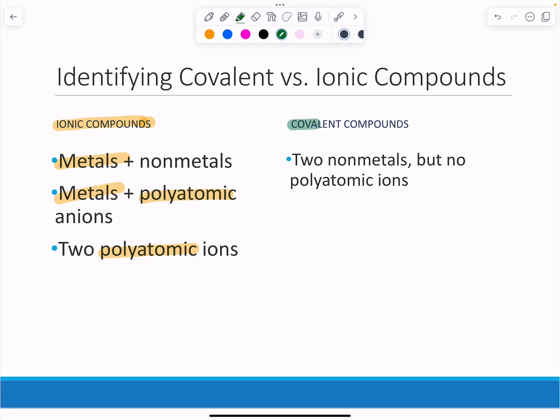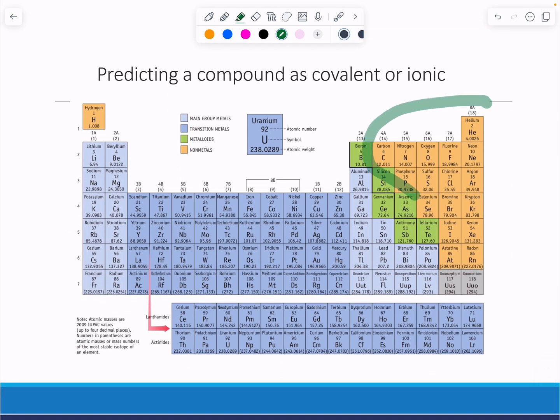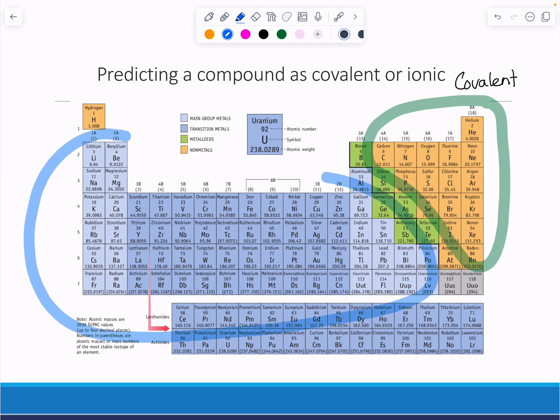Our covalent compounds are going to have two nonmetals, right? And you're going to look at your periodic table, and I'm going to say, is it made of atoms from here? Well, then that's going to be my covalent compound, right?